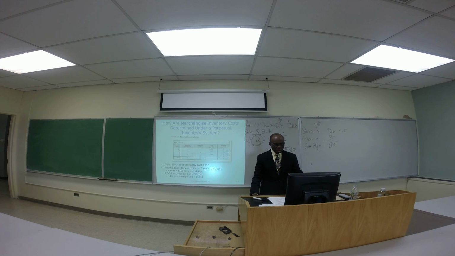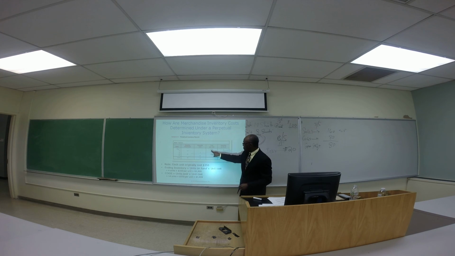Now, moving along, how are merchandise inventory costs determined under a perpetual inventory system? Take a look at this slide. I don't know whether you are able to see it clearly, but you have the benefit of your PowerPoint. Take a look at what happened. On August 1st, we started with 2 units, each costing us $250.